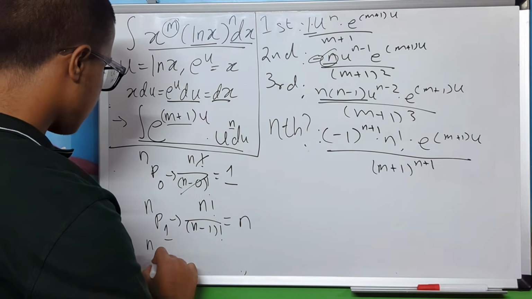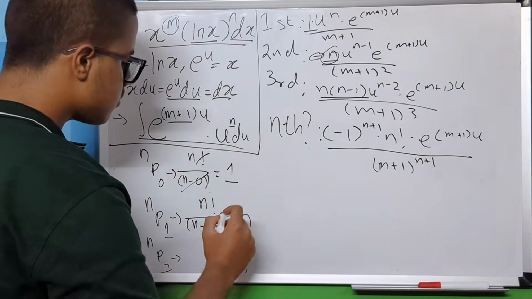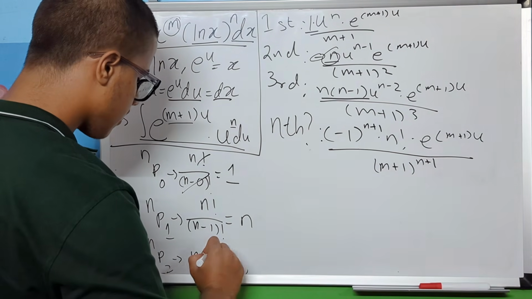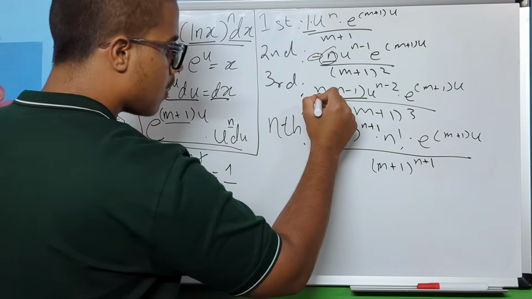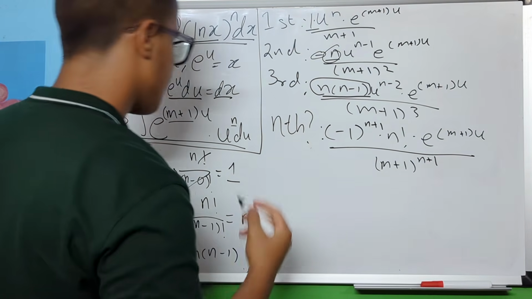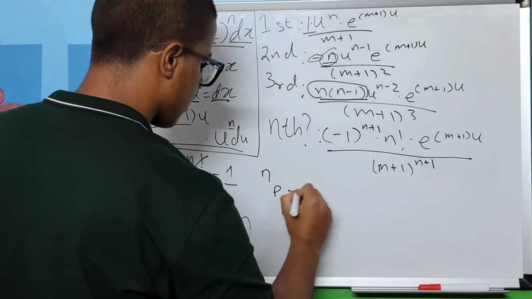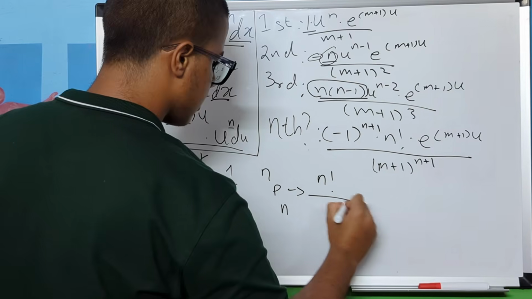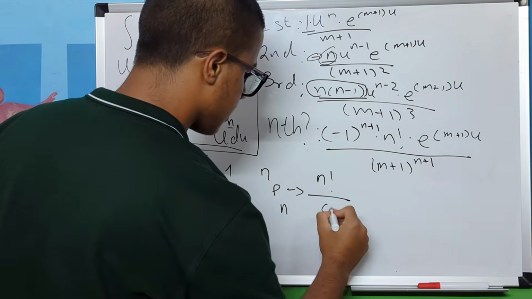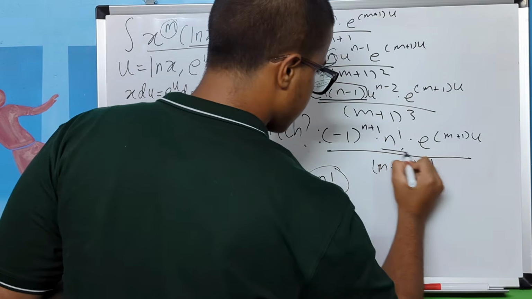And then we have nP2, which is equal to n into n minus 1, which matches up with the coefficient of this. And then for the nth term, we have nPn, which is n factorial over n minus n factorial, which is 0 factorial, which is 1. And then we just have n factorial, which is the coefficient of this.